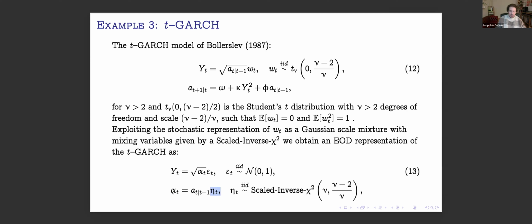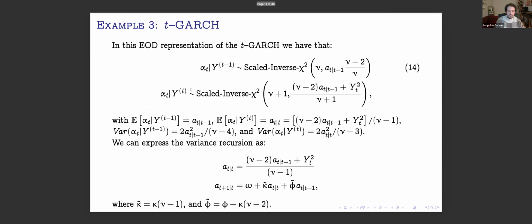Besides being able to fully characterize the predictive distribution of the state variable, we can also obtain an alternative stochastic recurrence equation for, in this case, the volatility. For example, in this model, the state predictive density is a scale inverse chi-square.